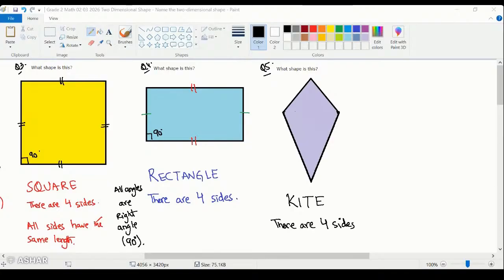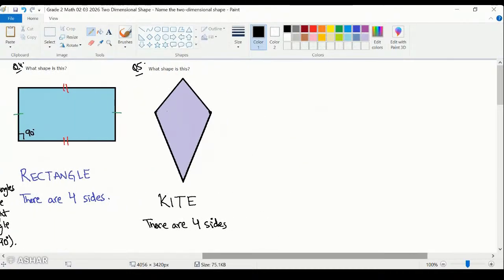So now let's look at the next question. Question number 6. In question number 6, they're asking us what is the name of the shape.